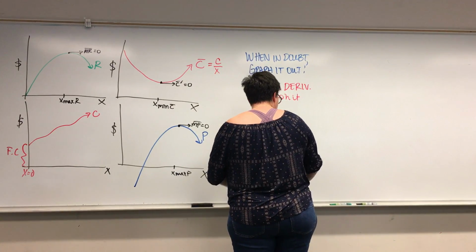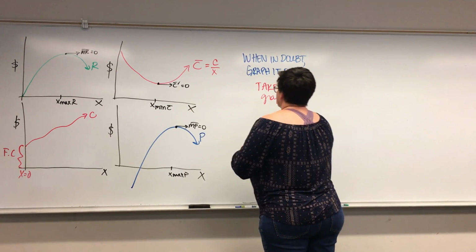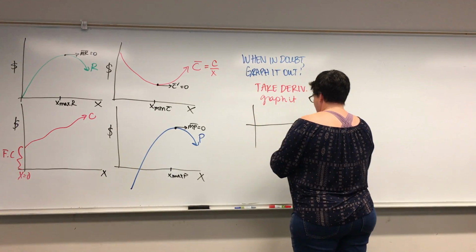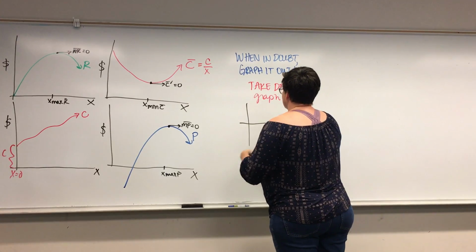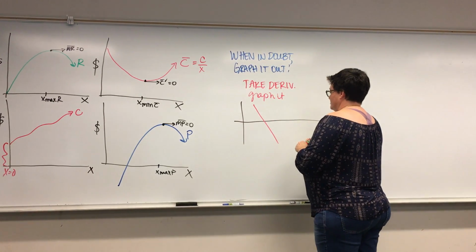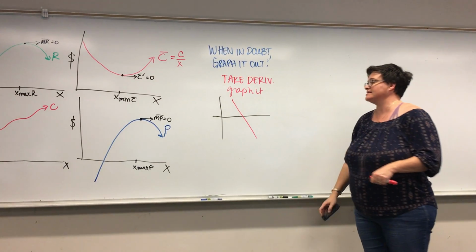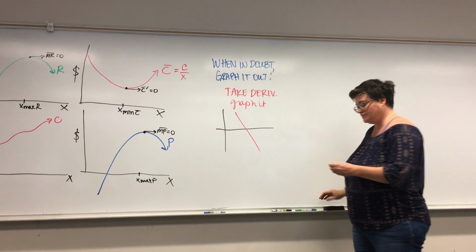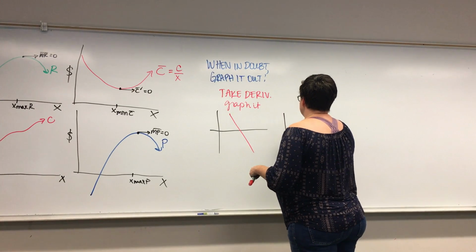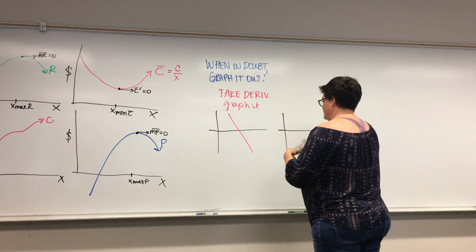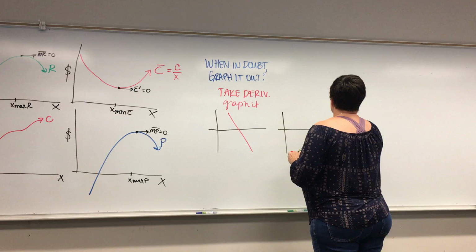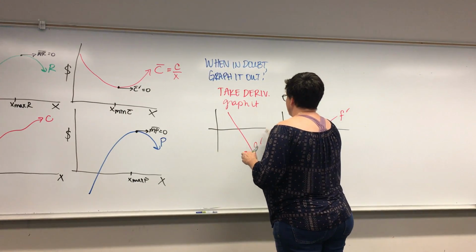And remember, when you're graphing derivatives, you're graphing x versus slope. So to find the place where slope is 0, it's either going to look like that, a place where it crosses the x-axis going down and to the right, or it's going to look like this, x-axis going up and to the right. So this is your derivative, whatever it happens to be.